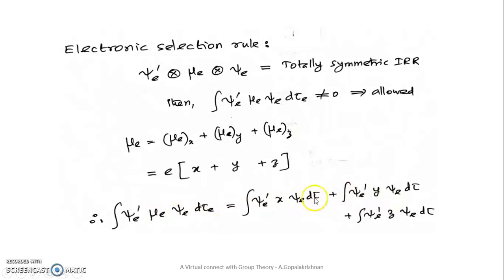Now listen, if any one of these integrals is non-zero, then this integral is non-zero. Therefore, transition dipole moment integral is non-zero, so the transition becomes allowed. Are you able to understand? So this is the electronic selection rule for electronic spectroscopy.